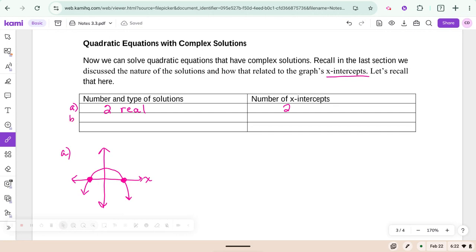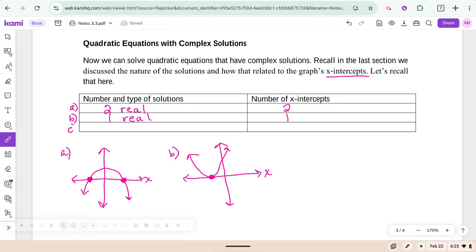A second option is you might only have one real solution. In this case, you'll only have one x-intercept. So let me sketch for you and remind you what that looks like. This would be a parabola that just touches the x-axis in one point. In other words, the vertex is on the x-axis. Now, excuse my parabolas, they're not very pretty. They're supposed to be U's. Remember, a parabola is a U shape. It can open up or down.